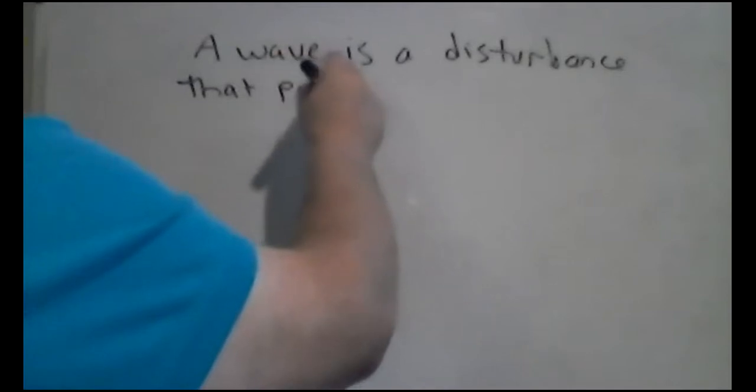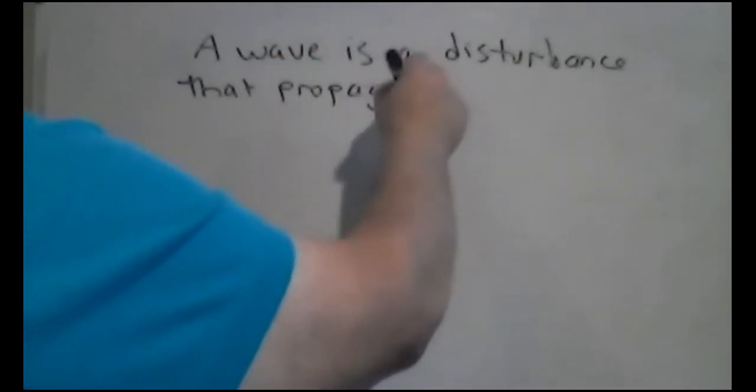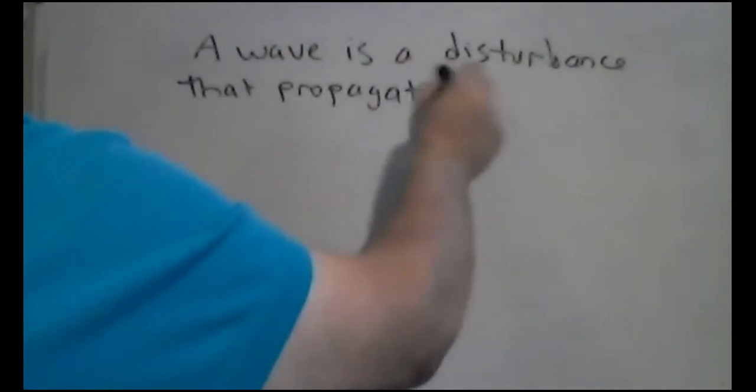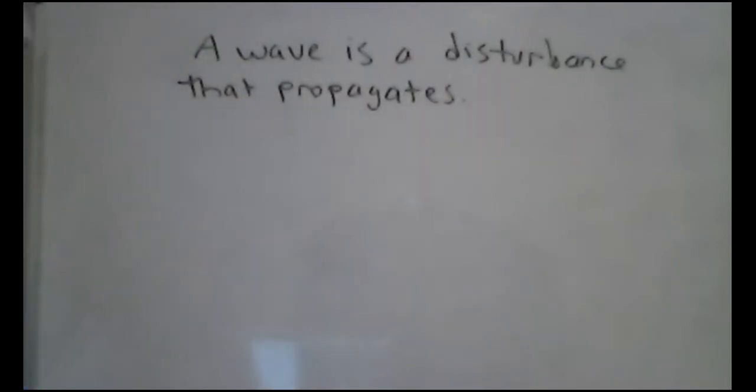As I've said in a video, and I'll definitely say in physics too, a wave is actually a state of existence. It's more than just a disturbance that propagates, but for now, that's what we'll say. We're not in quantum theory yet.